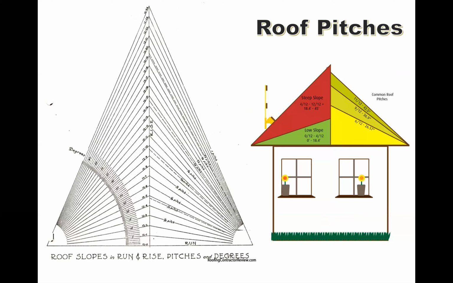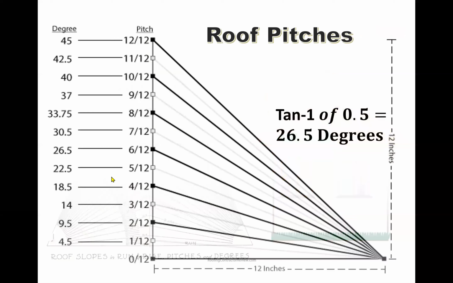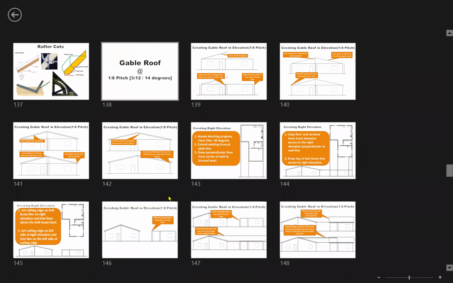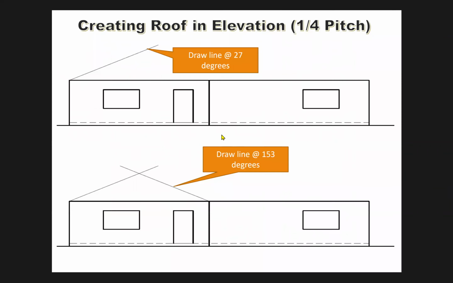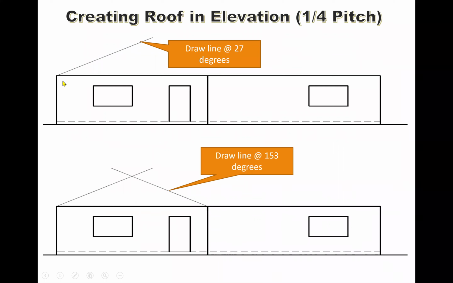All right, so I'm going to jump back over to that slide with the steps for the quarter pitch. Our first step, because we're going to be using 27 degrees, is to draw that 27-degree angle on that side.